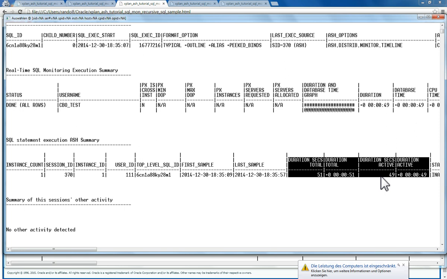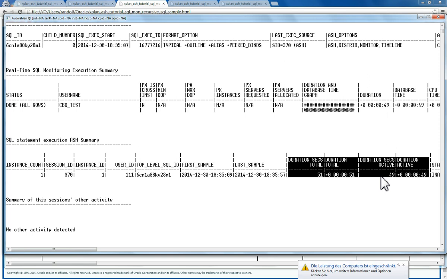So if you have a SQL exec start for a query that started more than 2 hours ago and is a very long running query, so it's still running after 2 hours, and maybe your active session history only covers the last hour, then there simply will be a gap of 1 hour between the first sample that is found in active session history, because it covers only the most recent hour, and the SQL exec start of the query, which was 2 hours ago.